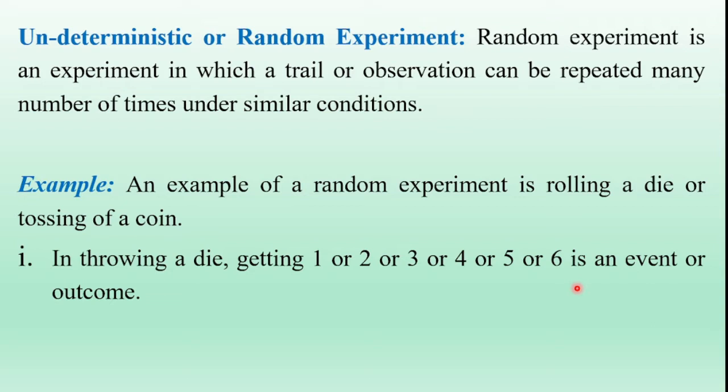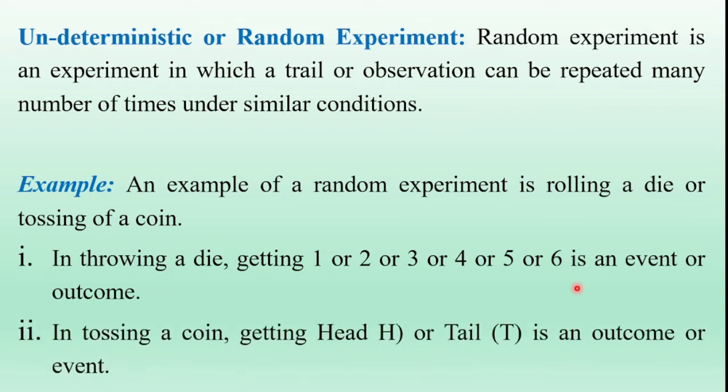One more example of a random experiment: in tossing a coin, getting head or tail is an outcome. And one more example: in drawing two cards from a pack of well shuffled cards, getting a king card, or a king card and a queen card, are the events or outcomes of the experiment. That is the definition and examples of a random or undeterministic experiment.